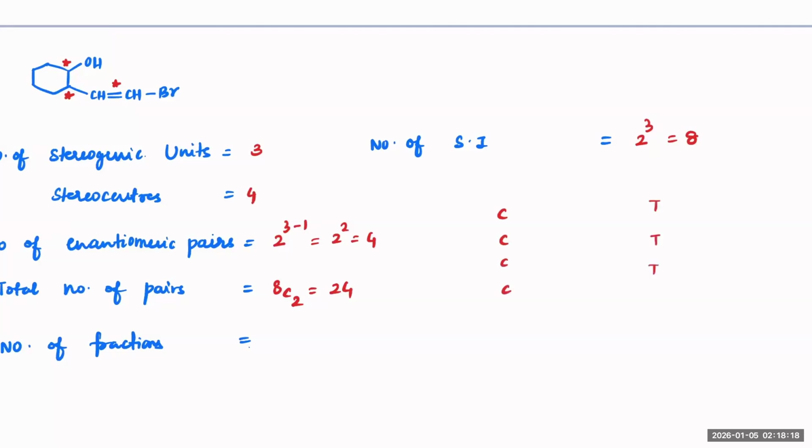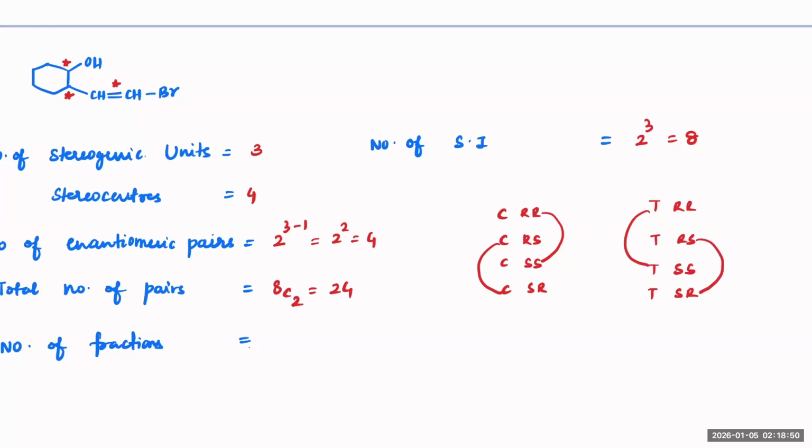So here I can have cis RR, cis RS, cis SS, cis SR, and trans RR, trans RS, trans SS, trans SR. Correct? Now you can see these two are one pair, these two are one pair, these two are one pair, and these two are one pair. So in total we have 4 such pairs.